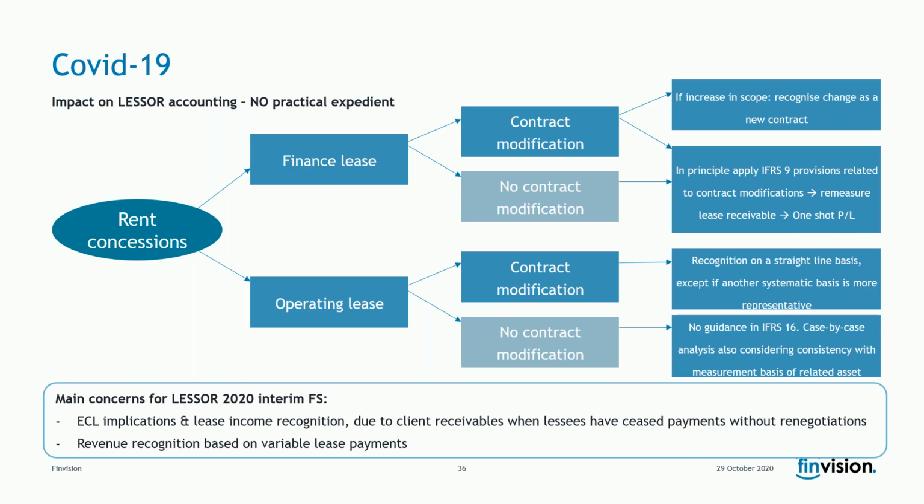During April and May, a lot of shops were closed. If you then have a consideration which depends for a part on the revenue of the shop, it will be much more difficult now to estimate what variable lease payments can be recognized in your revenue as a lessor compared to the past, because there is no historic information available due to these rare circumstances.